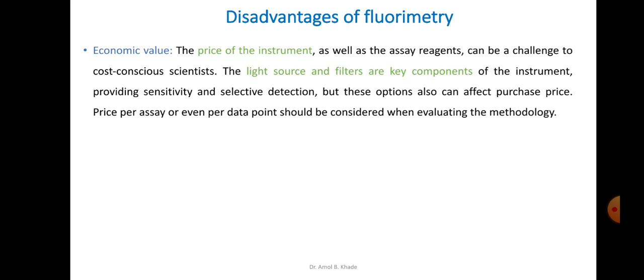And we know there are two filters available here in the fluorimeter, right? One before the sample, which is usually filtering the radiations required for excitation of your sample, and the second filter which filters the emitted radiation which you can quantify, right? So those things are important.